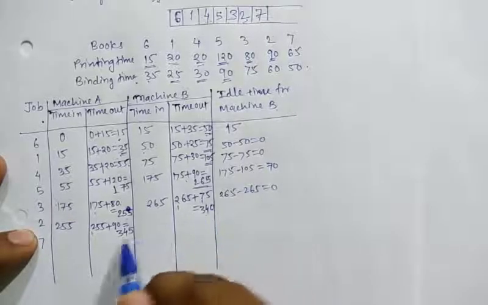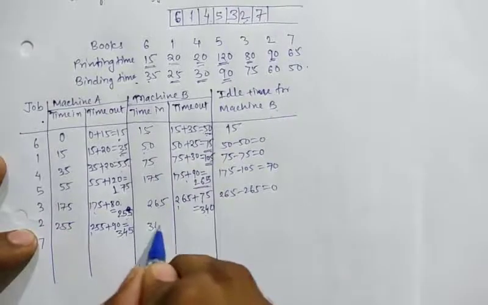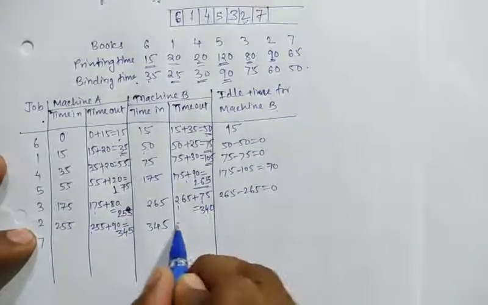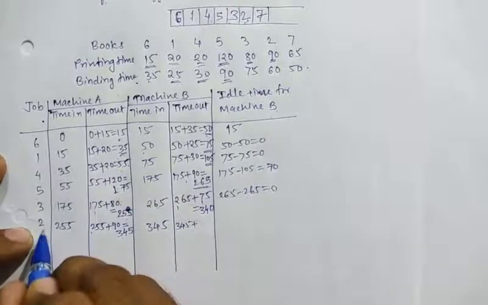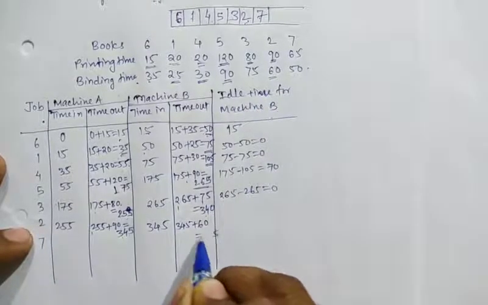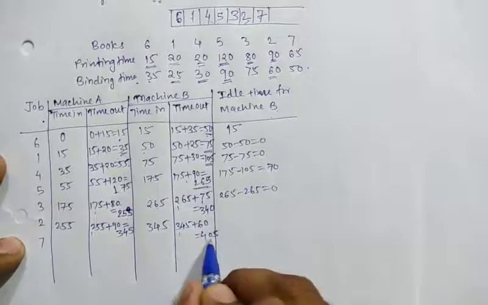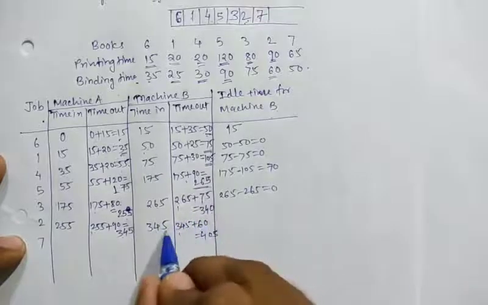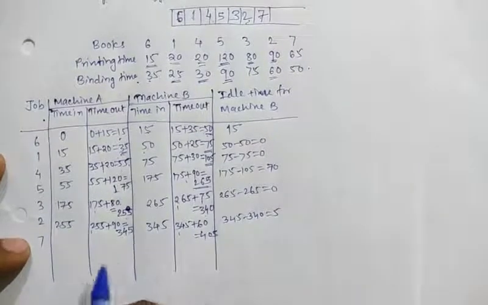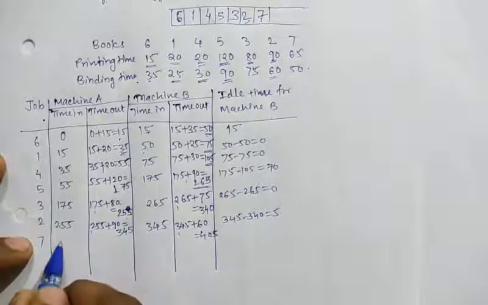So among these two, maximum of this is 345, so we take 345 because machine A requires more time than machine B. Now 345 plus for second job and on machine M2 which requires 60 hours, which is equal to 405 hours. So total elapsed time is 345 minus 340, which is 5 hours. So therefore last time out of first machine is time in of second machine.